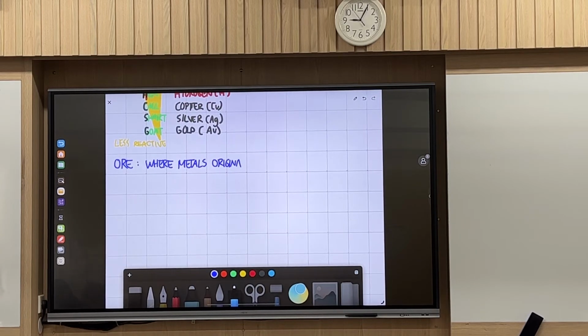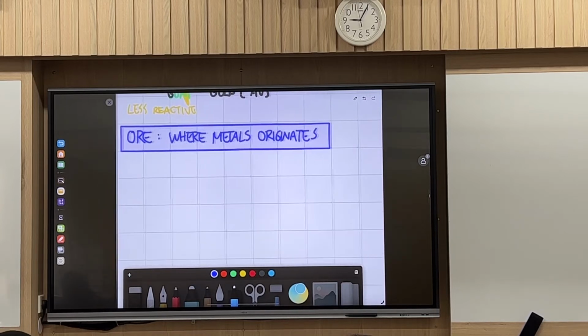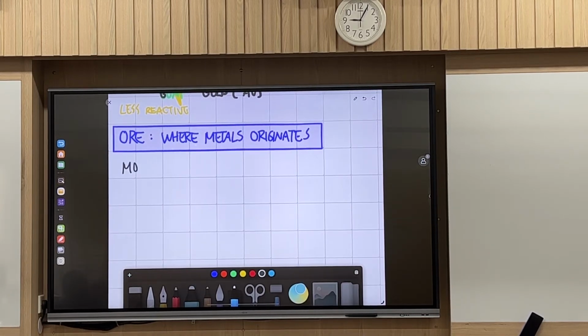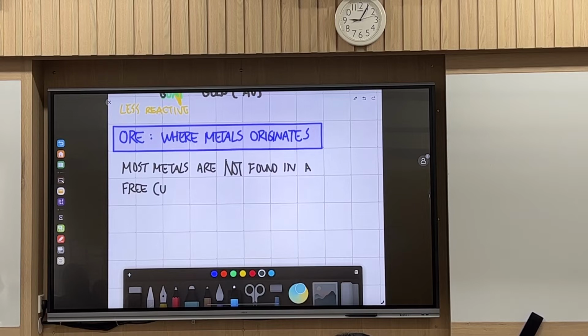So where metal originates. Put down: most metals are not found in a free state. Free meaning unbonded, so free, unbonded state.